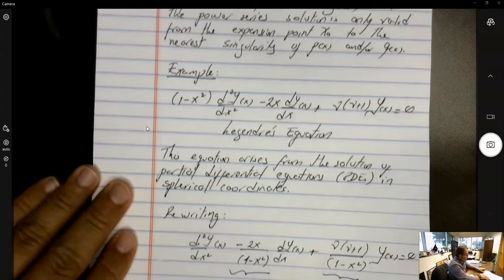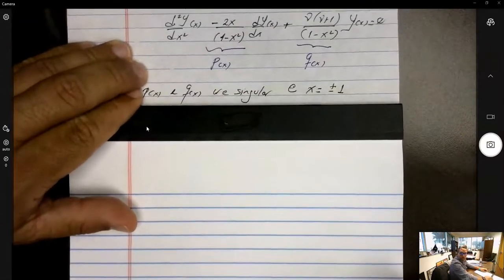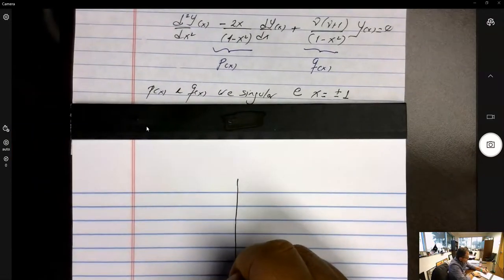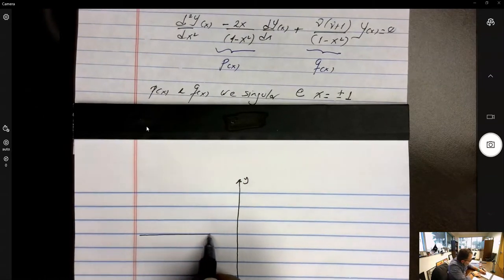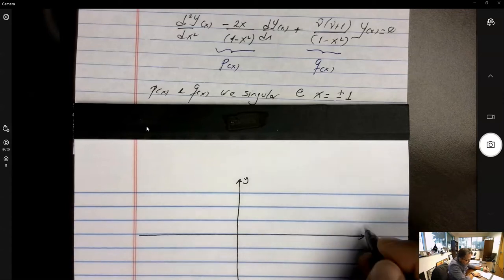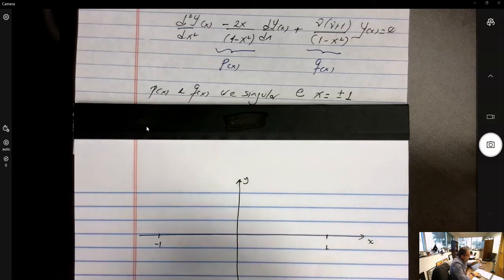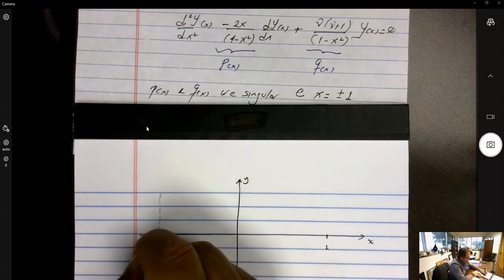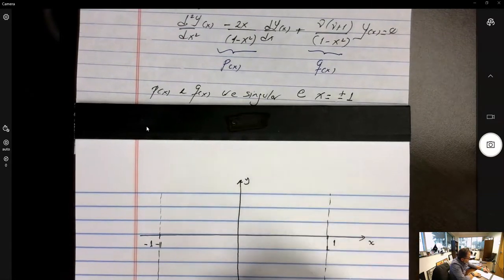Alright, so we can plot these functions p and q. I'm going to squeeze them here. This is y, and so this is x. Here's 1, and here's minus 1.